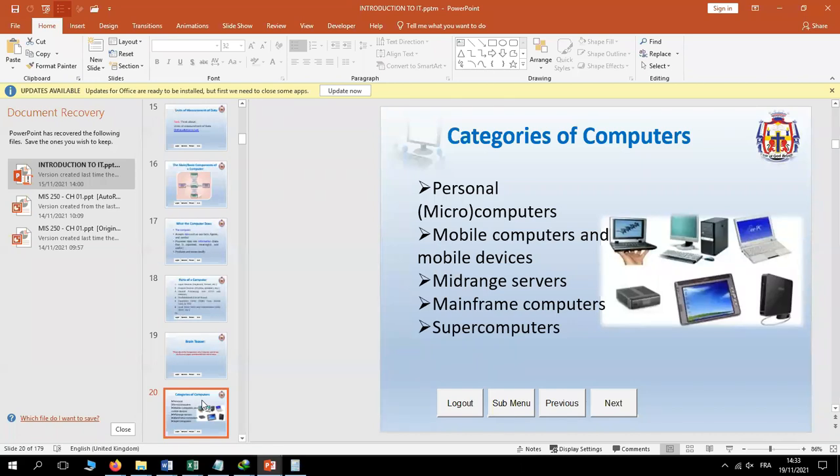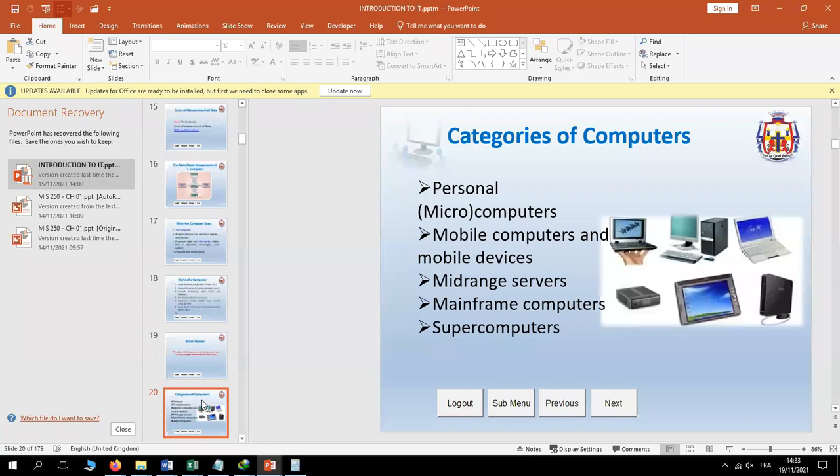If you remember what a computer is, you're able to tell what it is as well. We can say that a personal computer is a computer that is designed to be used by a single user at a time, or designed for personal use.